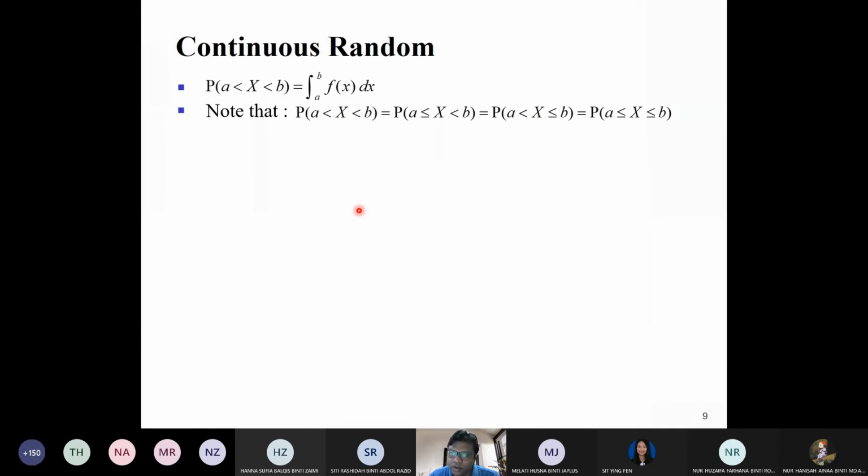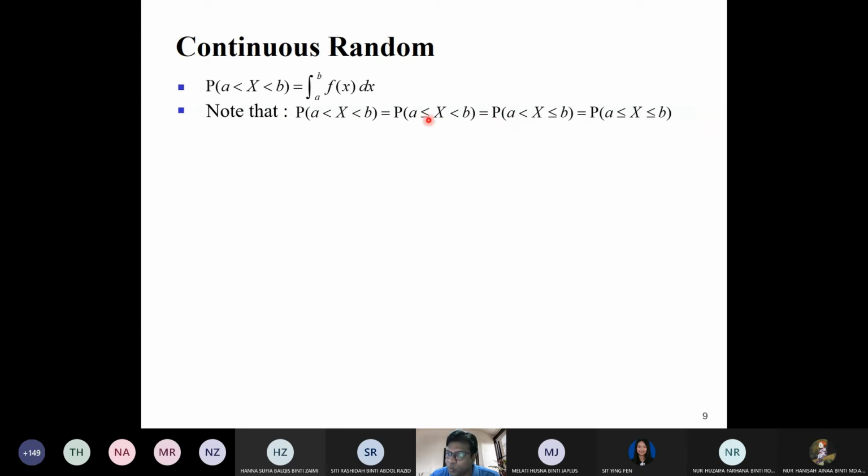So usually, in order to calculate the probability, if it is given the range between A to B, this is a boundary condition, which is X is greater than A and X less than B. So it's bound between these boundary values, where your lower boundary is A and your upper boundary is B. And that can be represented with the statements A less than or equal to X, and X less than B, and so on.